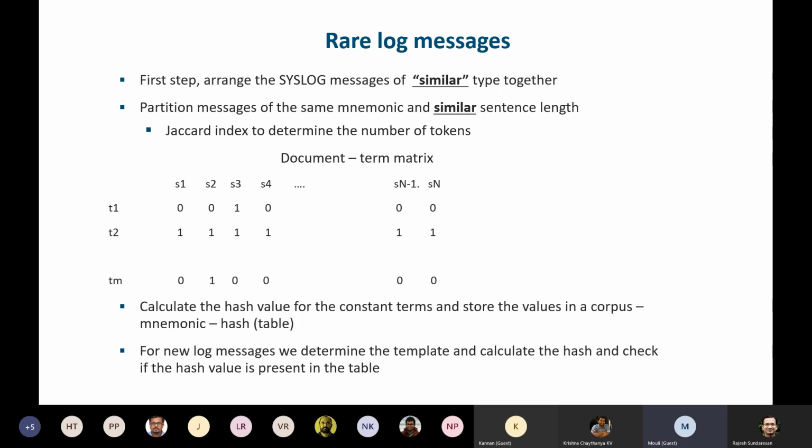Then we use a one-hot encoding technique for S1, S2, S3, the logs, and T1, T2, the tokens, if you will. If I look at the transpose of that matrix, we can filter out the columns that have one values. Those are the constant ones, and the rest are the variable ones.